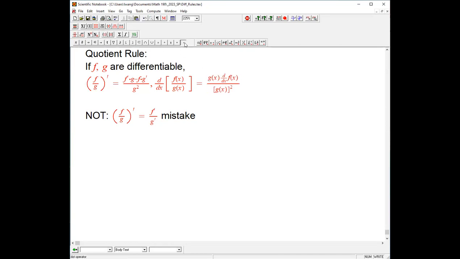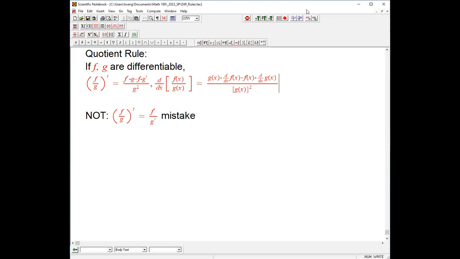Why do we do that? It's to avoid confusion, because if we put g behind, it could be confusing. Then subtracting, this time f of x multiplied by the derivative of g, so this time we differentiate g.